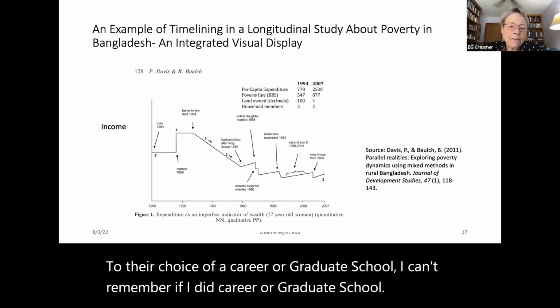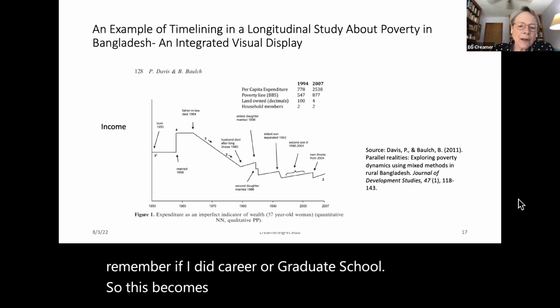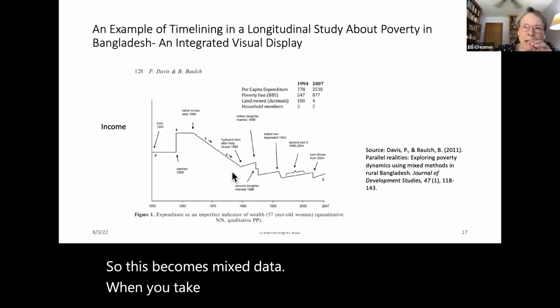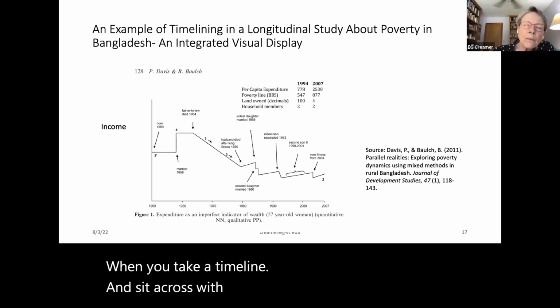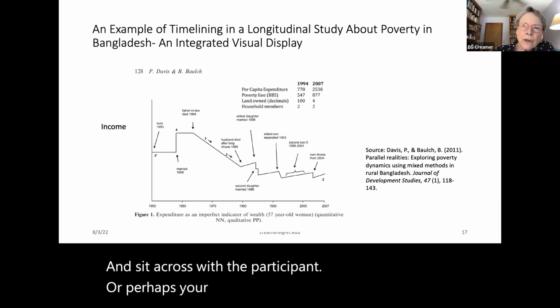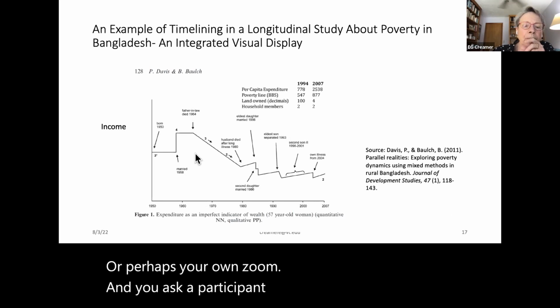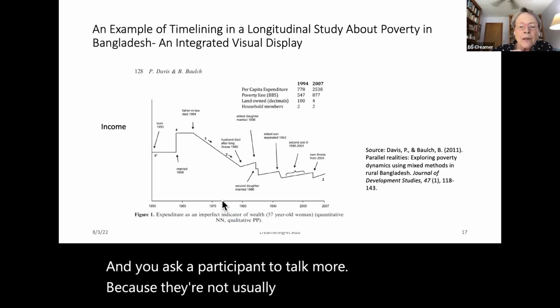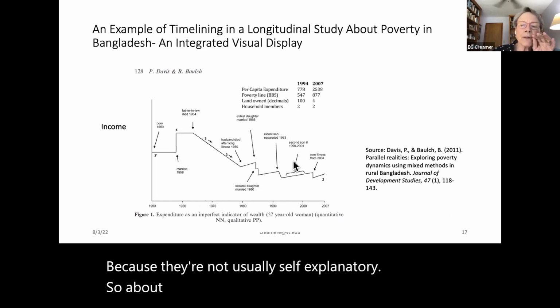So this becomes mixed data when you take a timeline and sit across with a participant, or perhaps you're on Zoom, and you ask a participant to talk more, because they're not usually self-explanatory, about a point that they have put on a timeline.